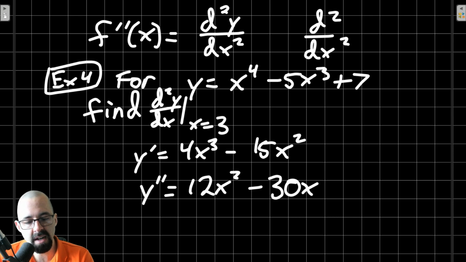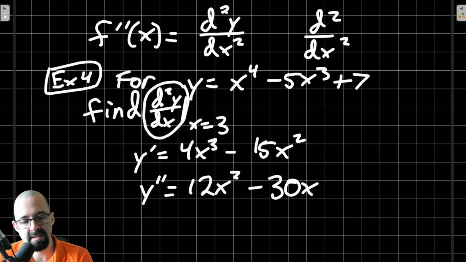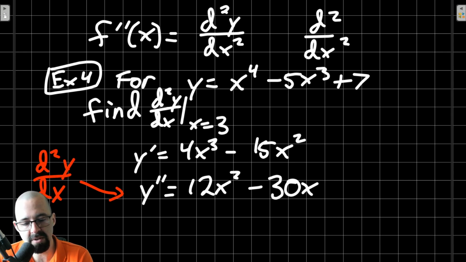And now we have to plug in x equals 3. And I know it said find d squared y dx squared. That is the same as y double prime. I like writing y double prime because it's less writing. But I am okay with either notation. They're all a-okay. So let's find y double prime evaluated when x is equal to 3.